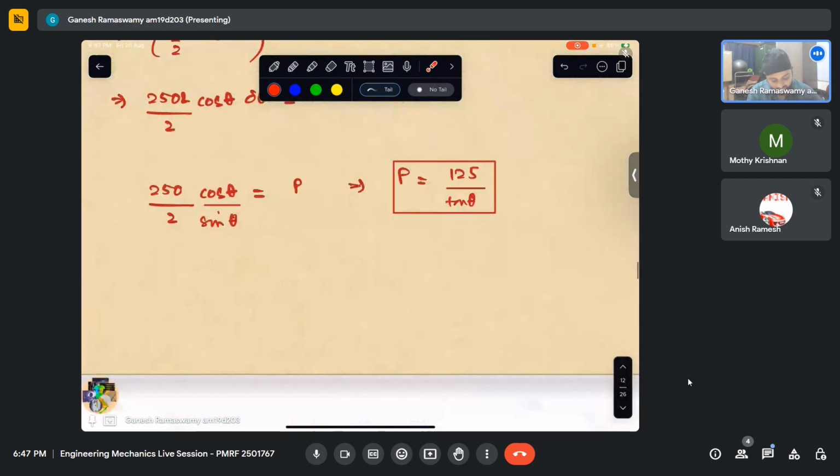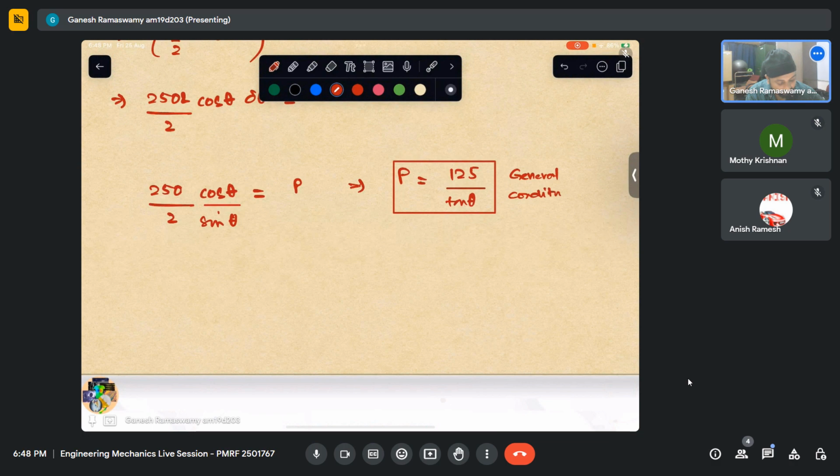This is the general condition for equilibrium. Specific to this problem, 125 by tan 36 is 172.05 Newton.